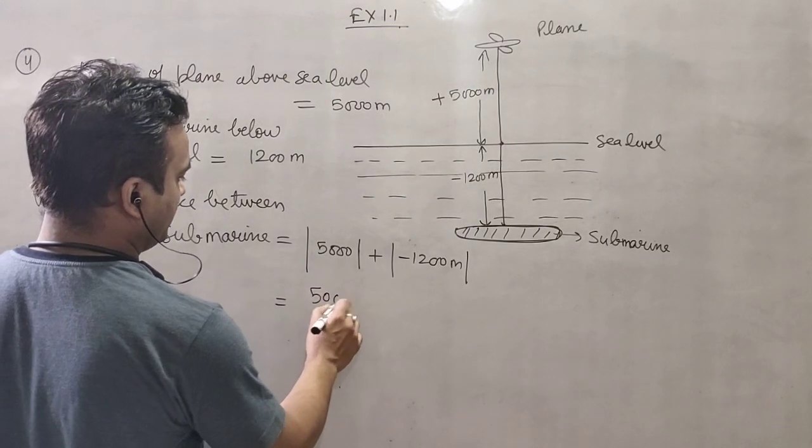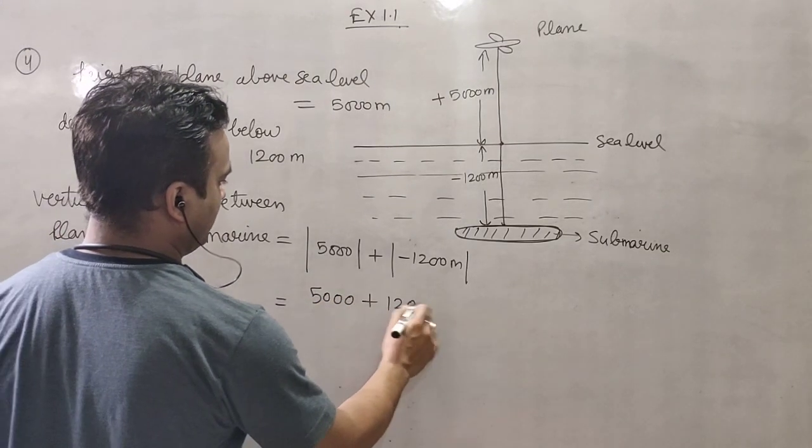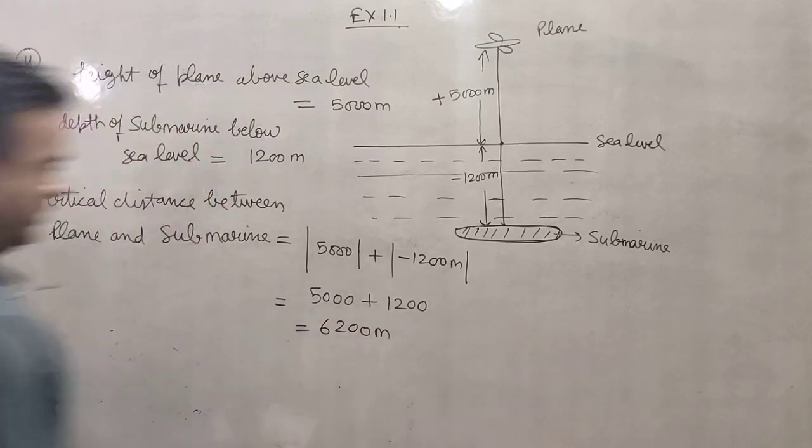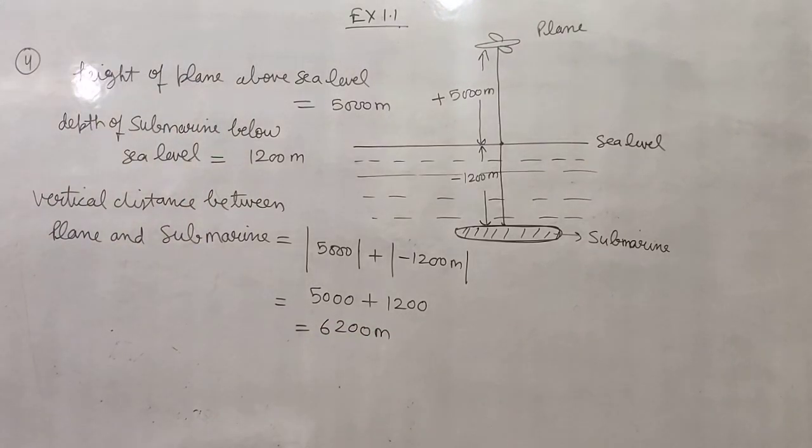So 5,000 plus 1200 will be 6,200 meters. So the vertical distance will be 6,200 meters.